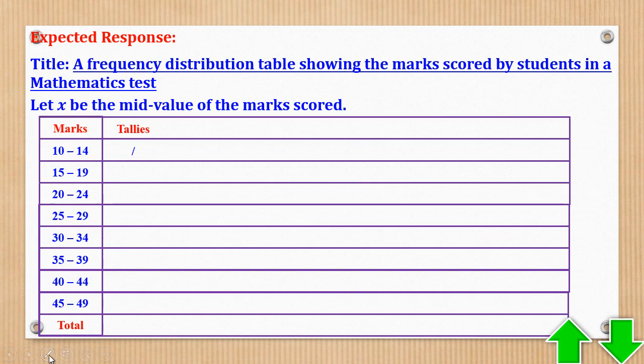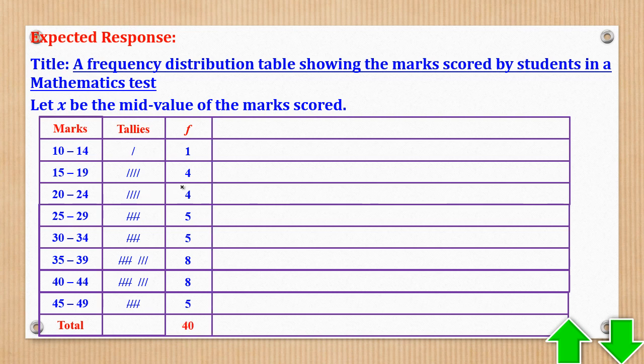So the first one was 1, next was 4, next was 4, next was 5, 5, 8, 8, 5. So I can now write the frequencies 1, 4, 4, 5, 5, 8, 8, 5. Then get the total, which is 40.